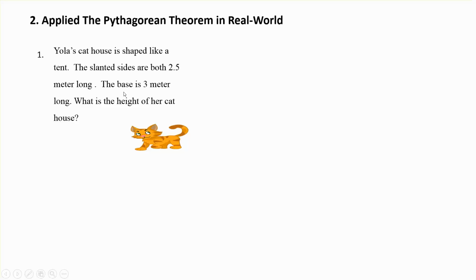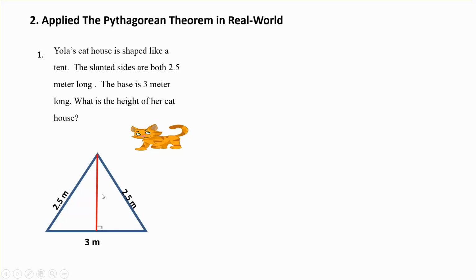To answer this story, we should draw the cat house and also the height. We know that the slanted sides are 2.5. So here 2.5 and here 2.5. And then the base is 3 meters. Okay.